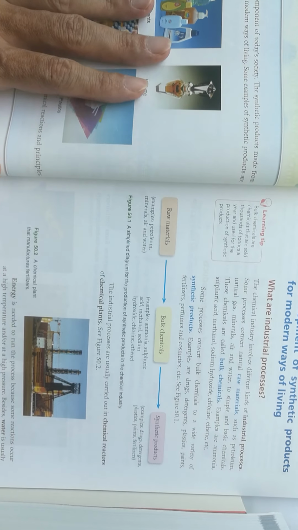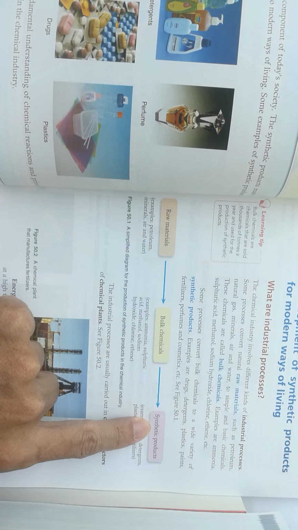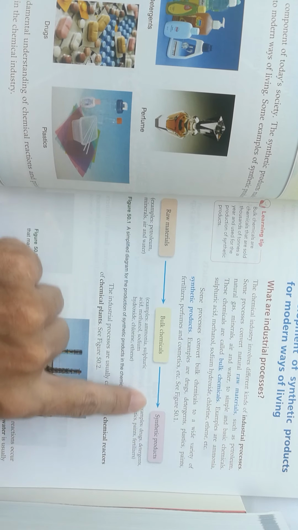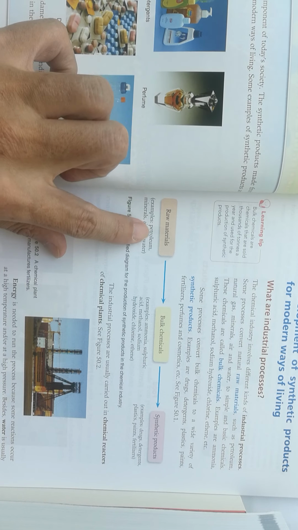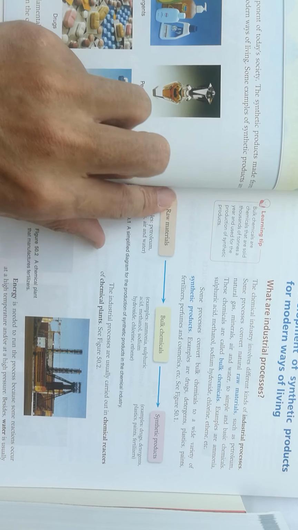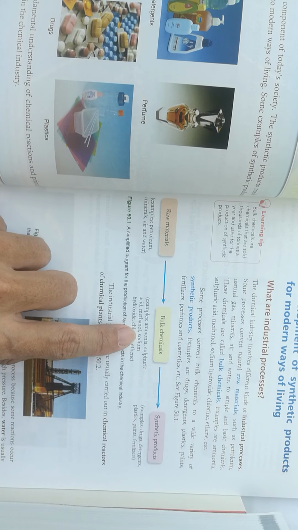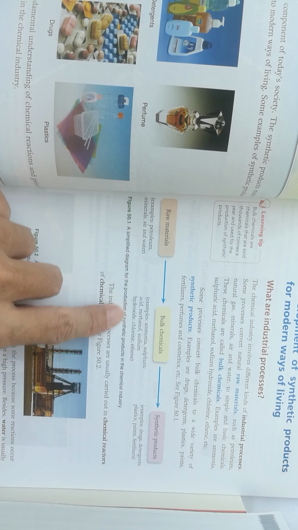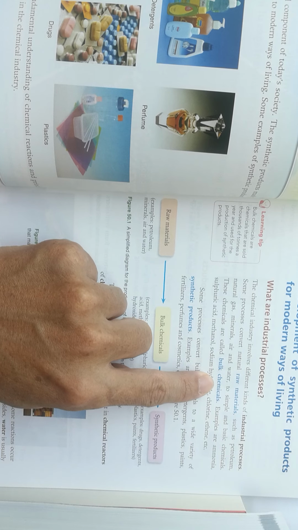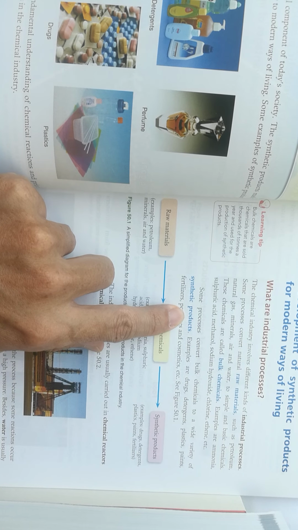So at the beginning, when you look at synthetic products like detergent or drugs, they come mainly from minerals, petroleum, air, or water as the raw materials. But the raw materials, we first change into some chemicals which are very common, used to produce different synthetic products.